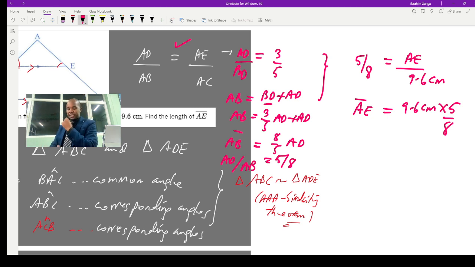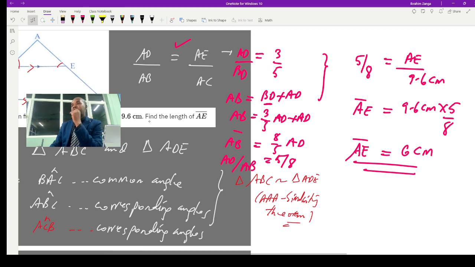So when you multiply, you'll be getting 6 centimeter, and we just conclude that AE is going to be 6 centimeter, dear students. So we were supposed to find the length AE, and with these details, you see that AE is going to be 6 centimeter.